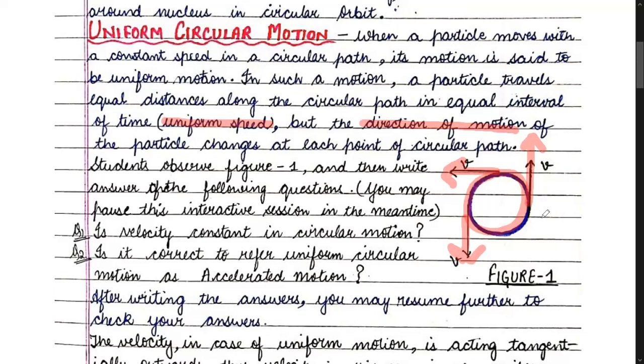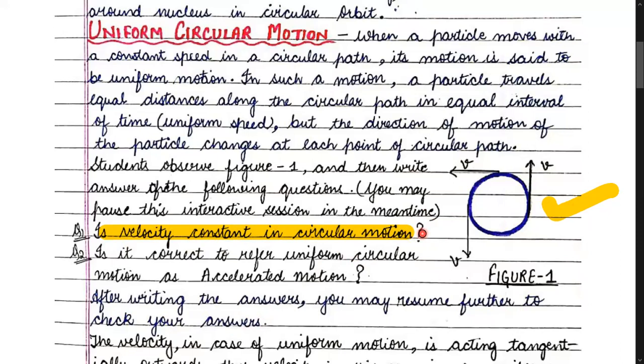Now you are requested to see figure number 1 and write the answers to the questions I am going to ask. First, is velocity constant in a circular motion? Tell me, students, if you see figure 1, can you say that velocity is constant?